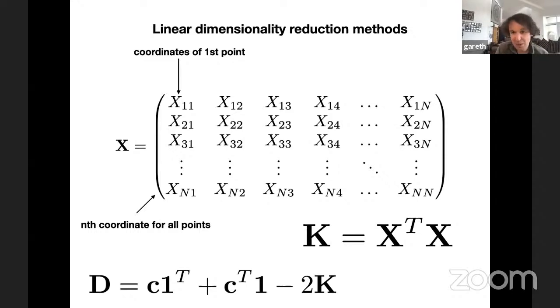Now, I don't want to talk about this too much because there are loads of resources that you can find that will explain these ideas. I can give you notes that explain these algorithms and that you can work through at your own pace, whatever pace you feel comfortable with matrix algebra. So that's the idea of those linear dimensionality reduction algorithms.